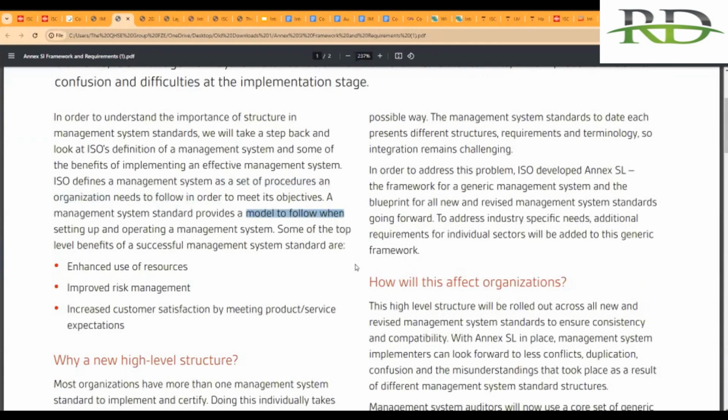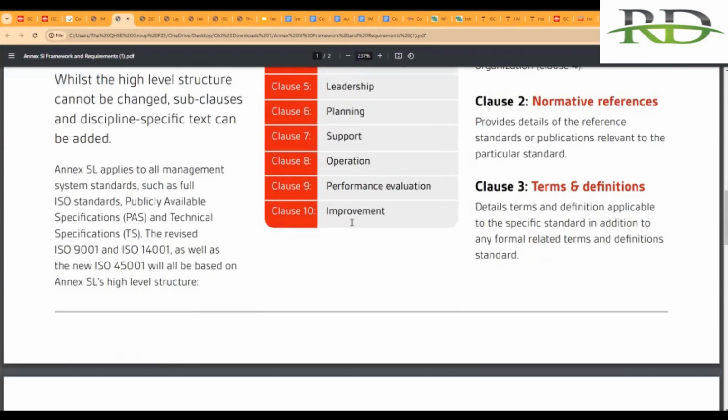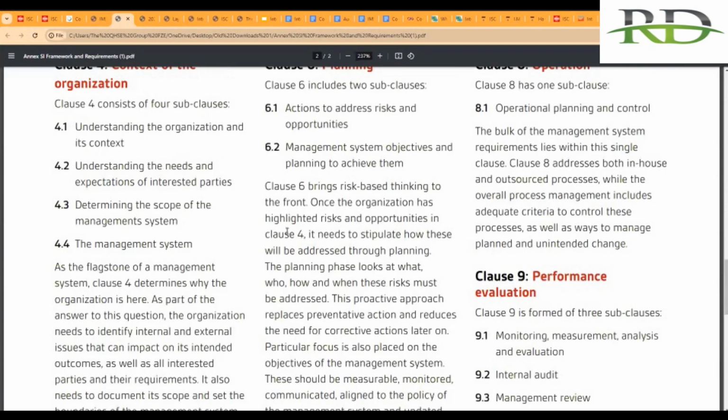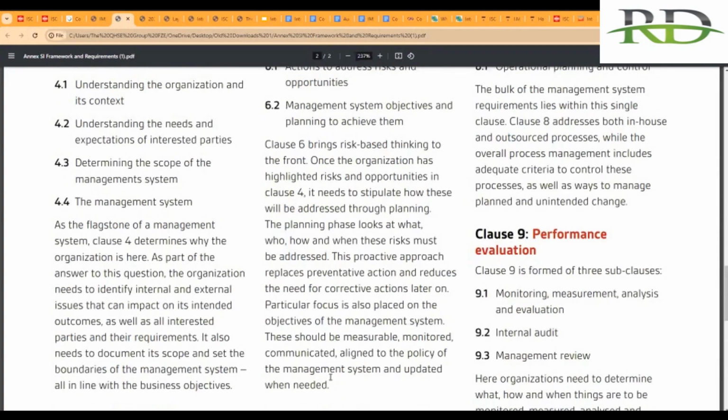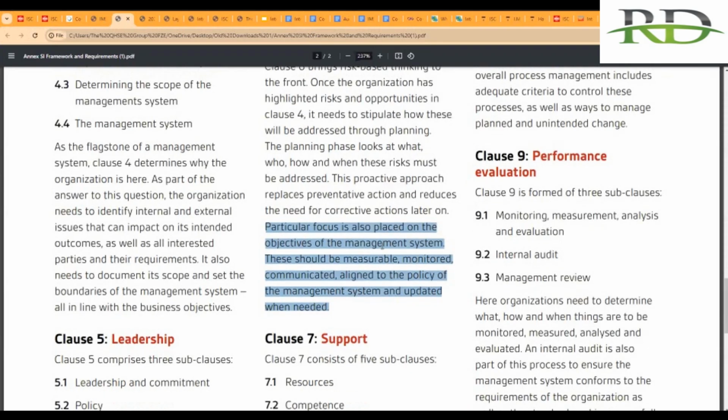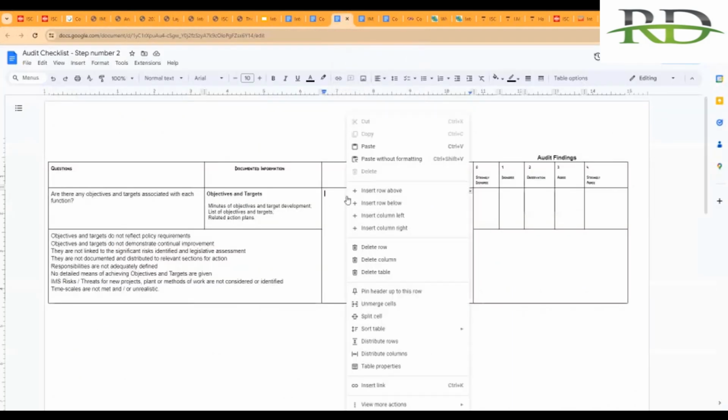So as you can see, this is a description about all of these objectives. I'm going to keep it short and sweet, and take from this section. What I expect to see here is a particular focus placed on the objectives of the management system, which should be measurable, monitored, communicated, aligned with the policy of the IMS, and also updated when needed. This is what I expect to see.